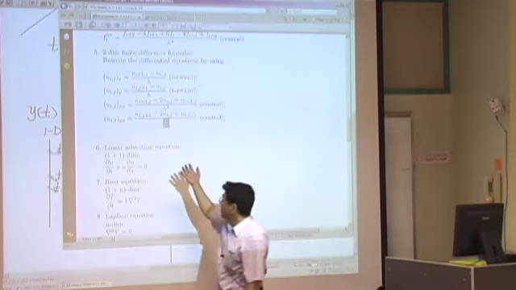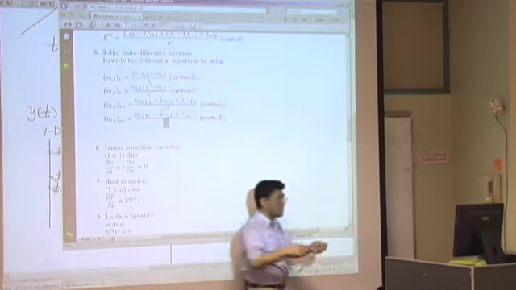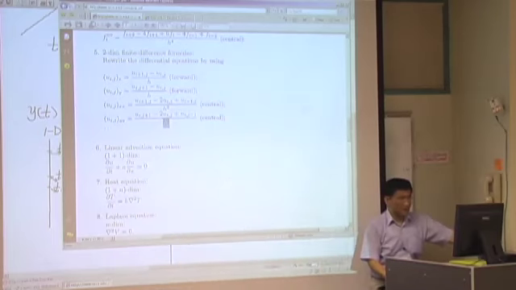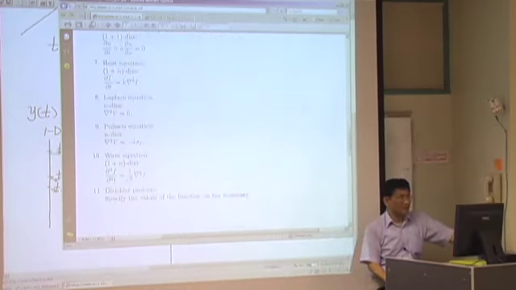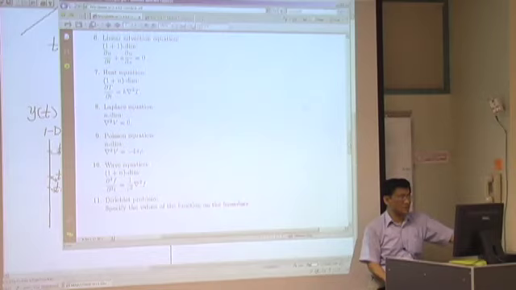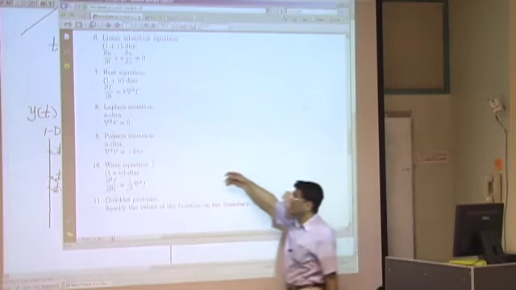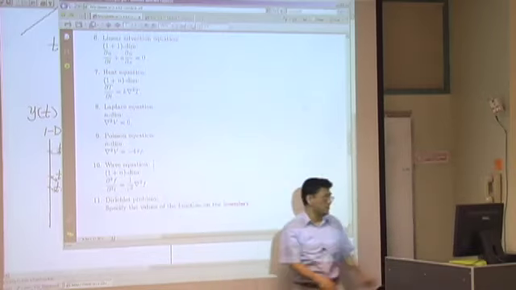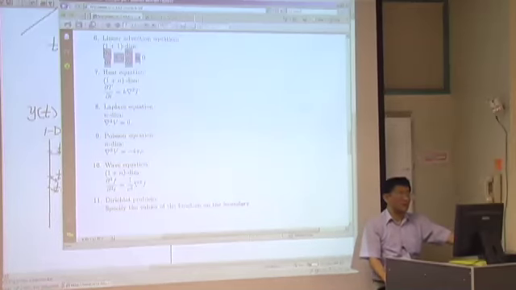Then what kind of partial differential equations will we handle? We will handle this kind of differential equation. The linear advection equation is written in this pattern, right? So take a look. We differentiate u with respect to t, we differentiate u with respect to x, and then link them, right?